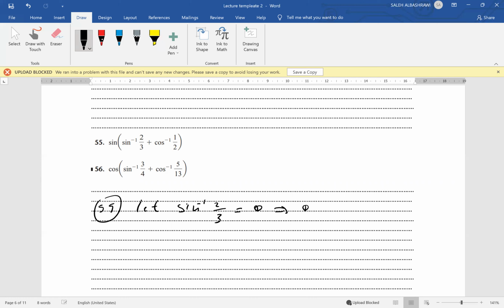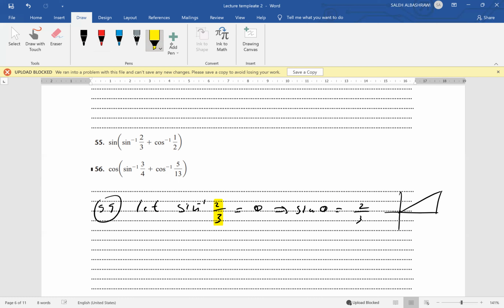This will give me sine theta equal to 2 over 3. And this is in the first quadrant, actually, because this is positive. Since it is positive, it will be in the first quadrant.